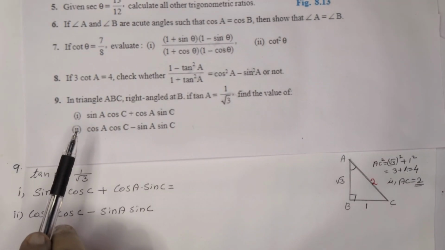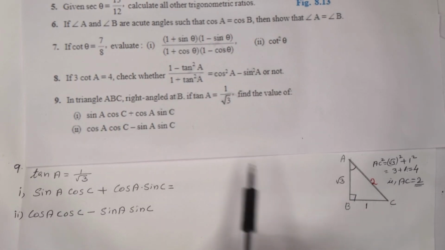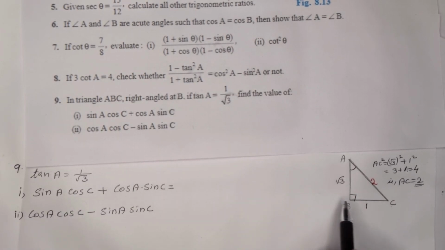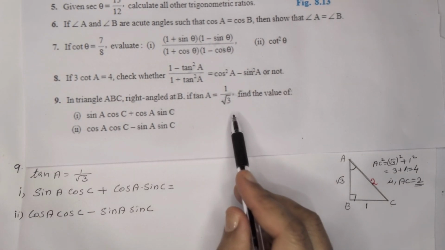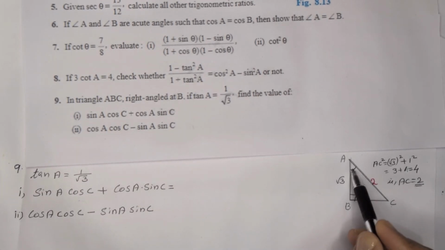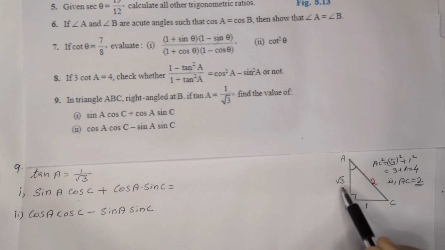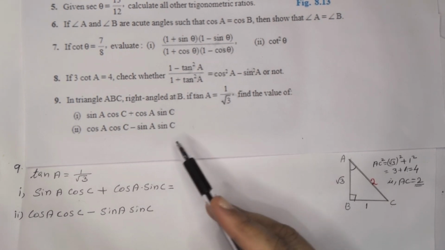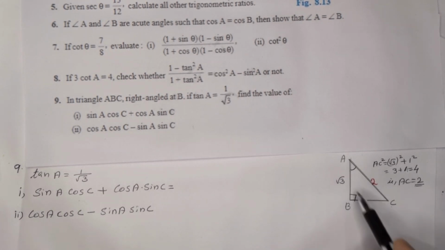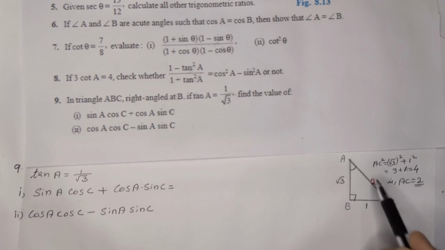Question number 9. In triangle ABC, right angled at B, tan A is equal to 1 by root 3. According to angle A, tan A means opposite by adjacent side, 1 by root 3. Find the values of these terms. So two sides are there. We can find the third side by Pythagoras theorem.